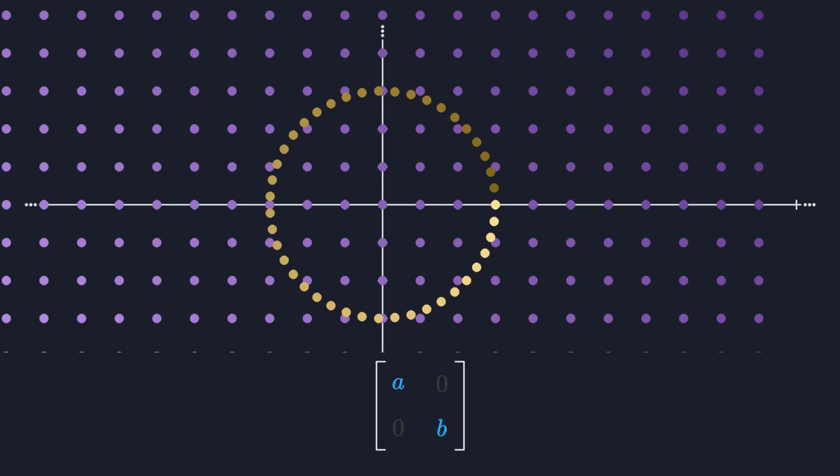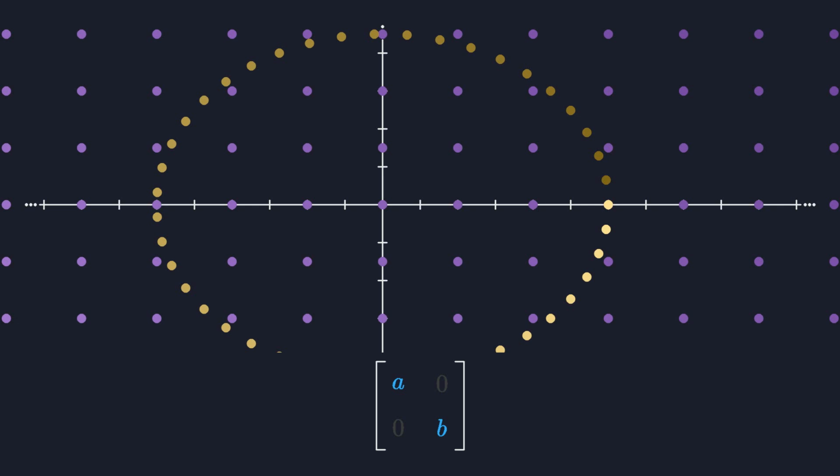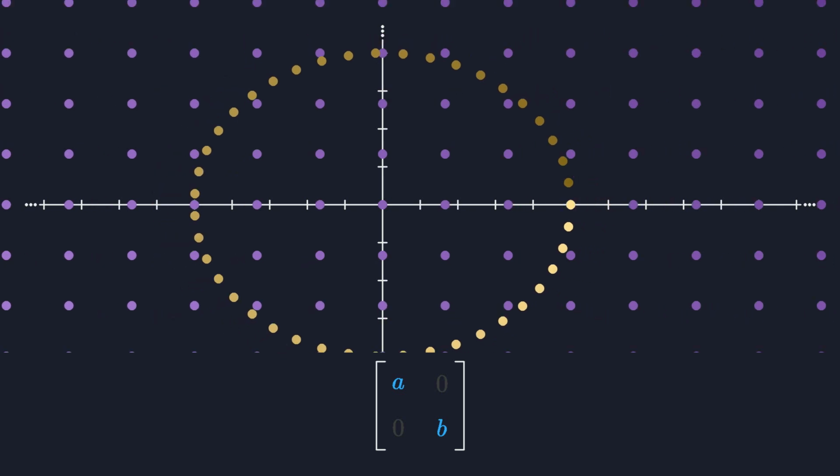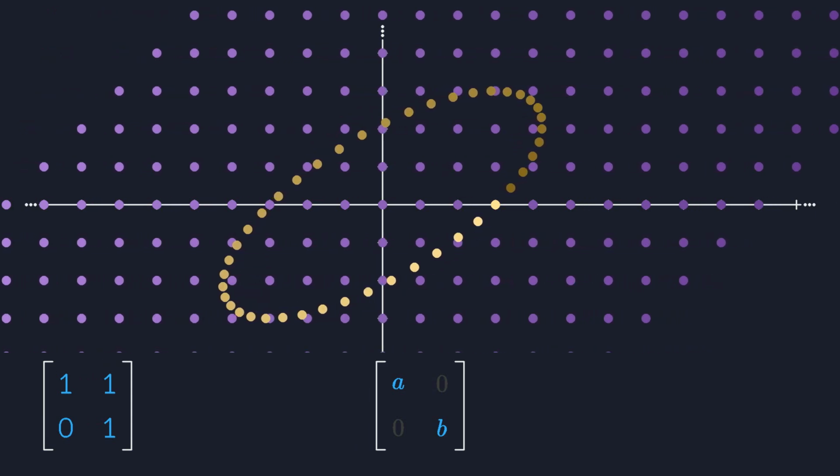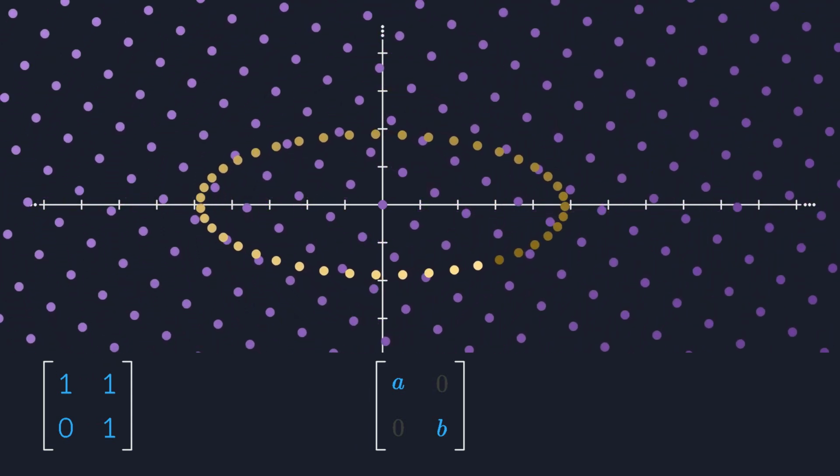A diagonal matrix can only stretch strictly horizontally and vertically, never at an angle. So if our ellipse happens to sit at an angle, we first have to rotate it into the horizontal vertical position. We must do this so that the x and y axes align perfectly with the main axes of the ellipse.